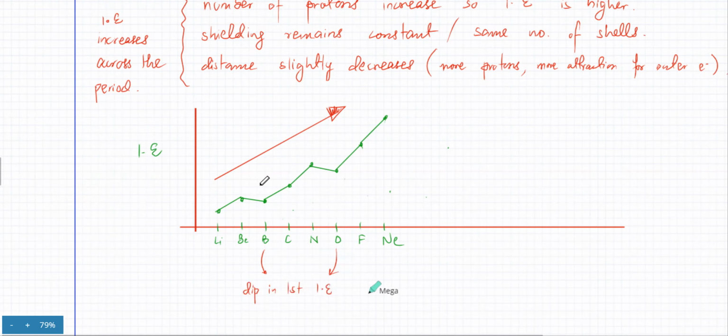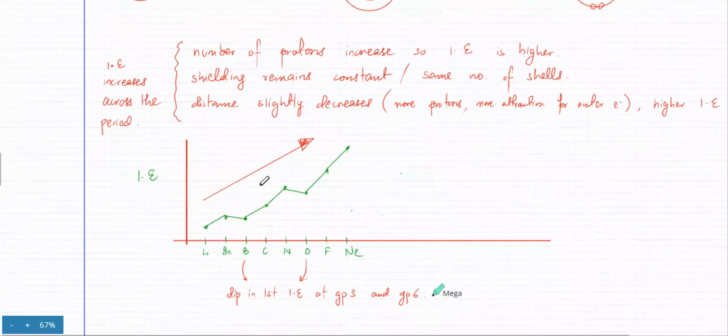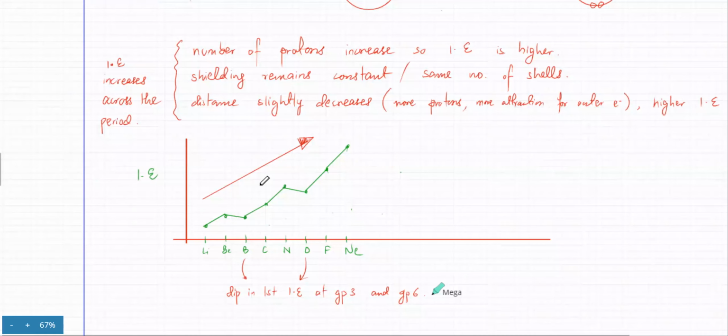So there's a dip in first ionization energy at group 3 and group 6. Is the general trend clear? Yeah. Now you have to explain.